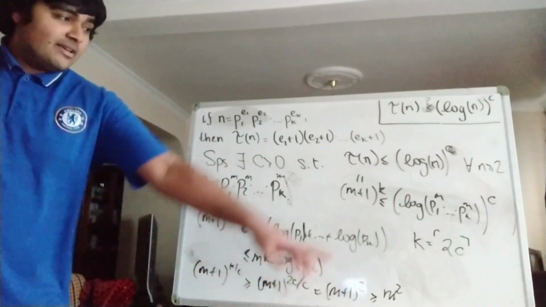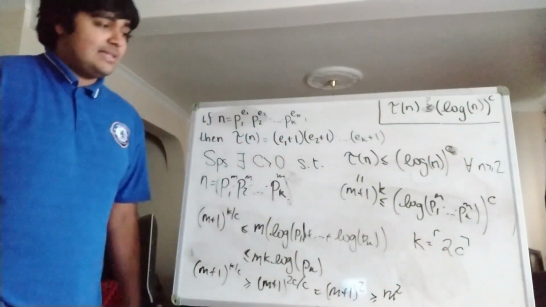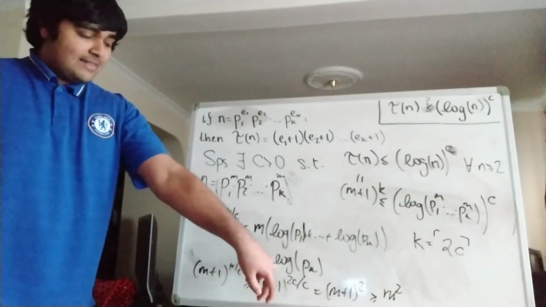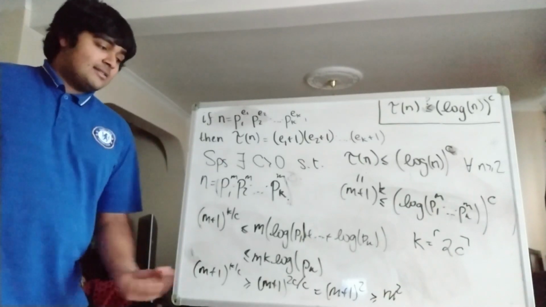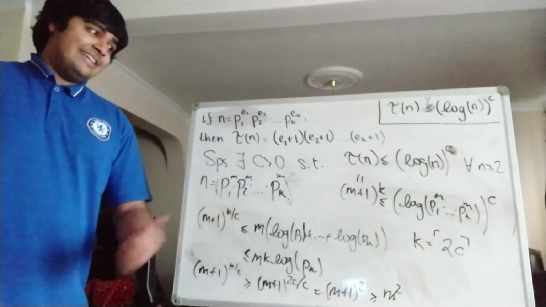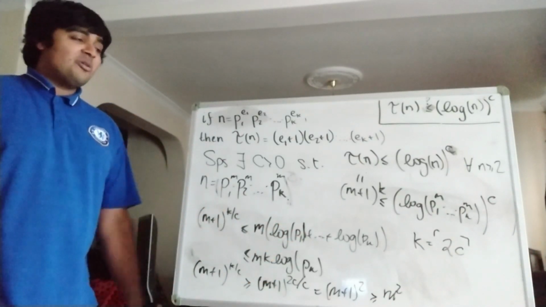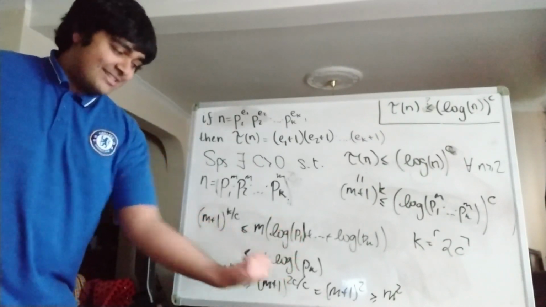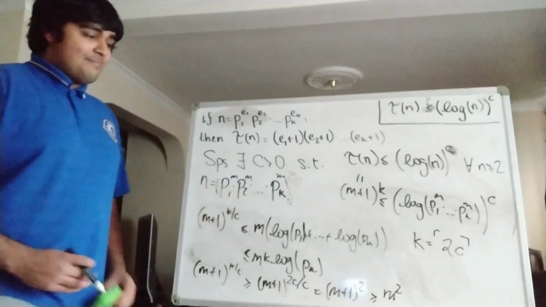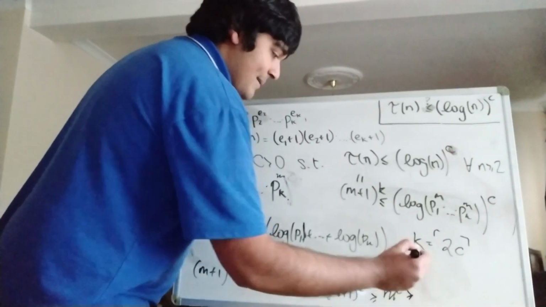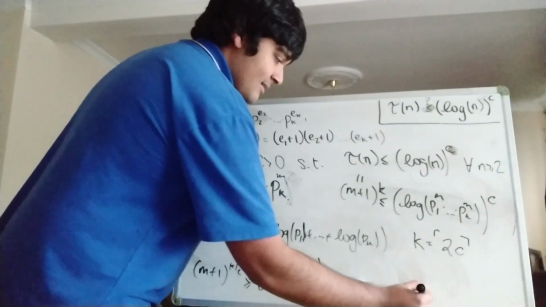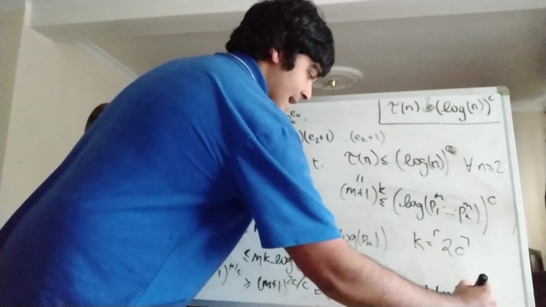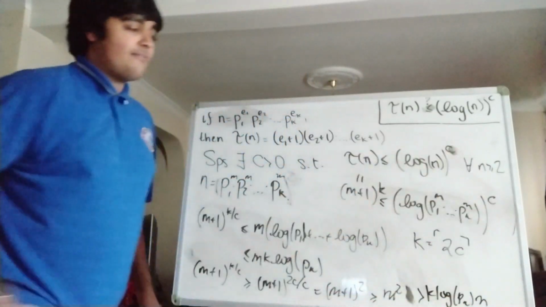But if we just plug in now k equals the ceiling of 2c, we get that this right-hand side now is just m times some constant, namely the ceiling of 2c multiplied by log of the ceiling of 2c-th prime, but it's simply a constant times m. So we get that m squared must be strictly bigger than k log pk times m, and that is for sufficiently large m.